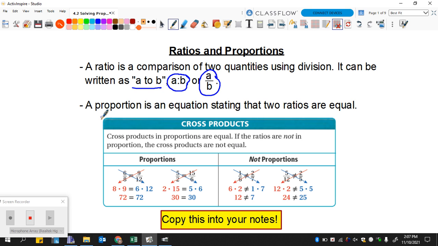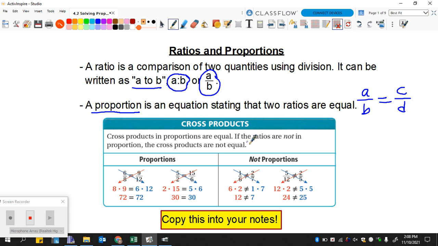A proportion is an equation stating that two ratios are equal. So that could be A to B is equal to C to D, if we're using letters, using variables. Now, there's a simple thing called a cross product that we use to determine if the ratios are equal.